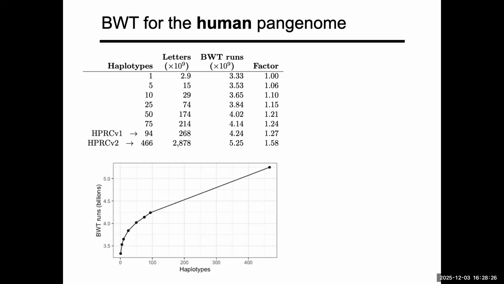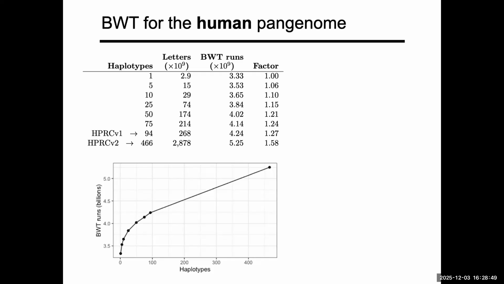If we just use the Burrows-Wheeler transform on these 466 haplotypes, just imagine we've concatenated them all together, kind of like row your boat 3 times, except it's 466 haplotypes, then the number of runs that we get is about 5.25 billion, all right?